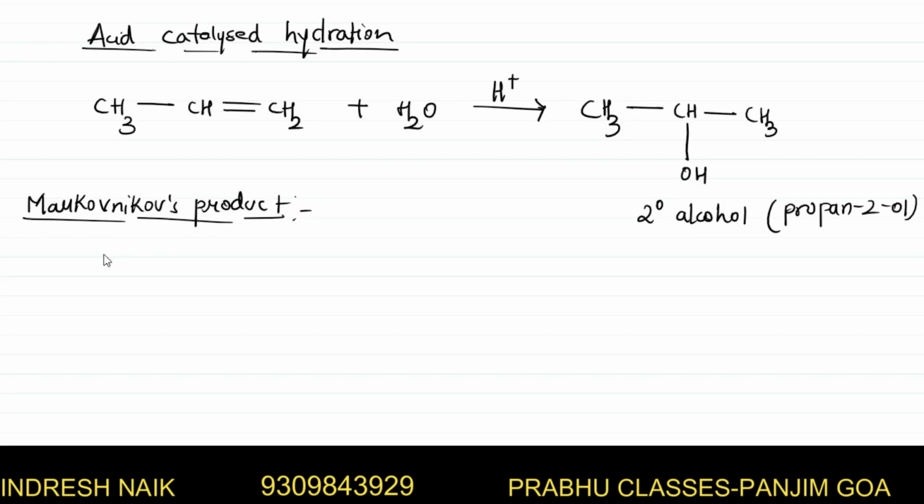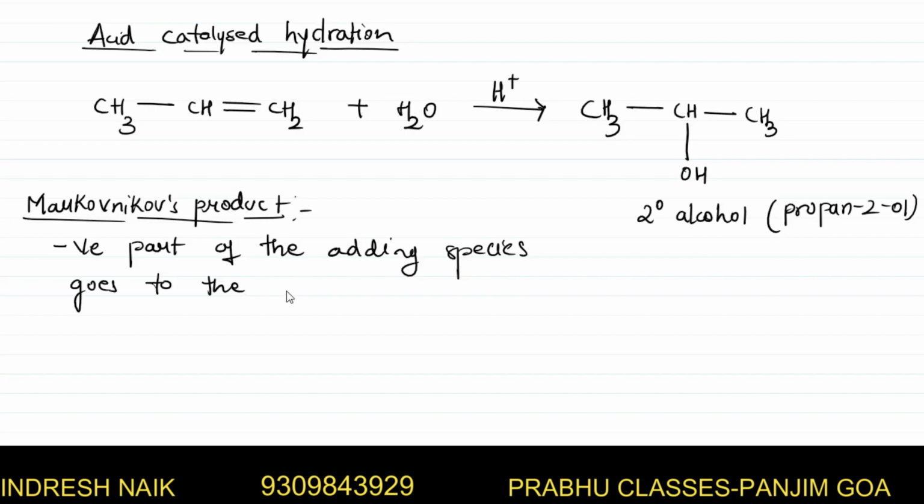What is the meaning of this? The negative part of the adding species goes to the carbon having less number of hydrogen in the carbon-carbon double bond.